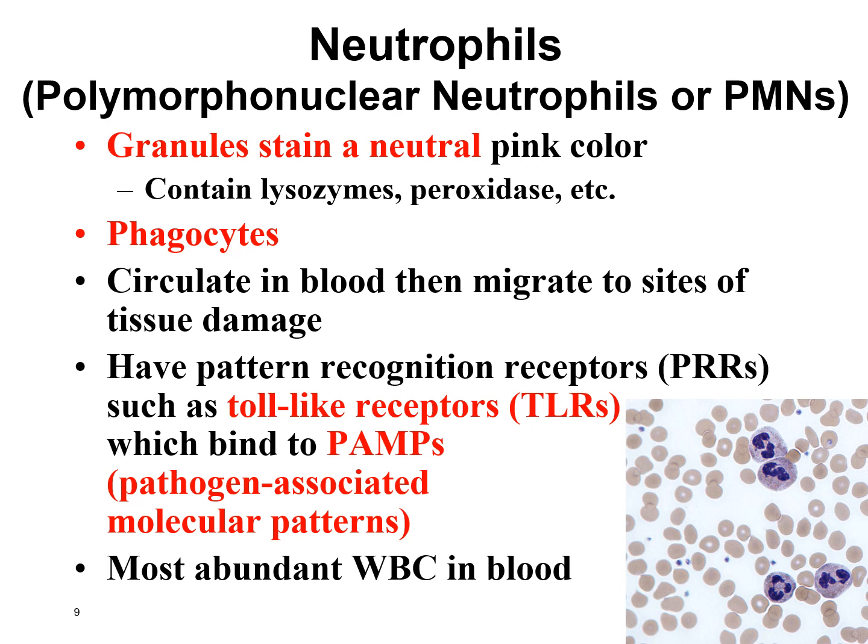A PAMP could be the peptidoglycan cell wall. It could be lipopolysaccharide from the outer membrane of a gram-negative bacteria. It could be the flagellin protein from bacterial flagella. Any of those could be PAMPs, things that we don't find on our cells, and so the neutrophil will recognize that right away as something that doesn't belong here and needs to be eaten.